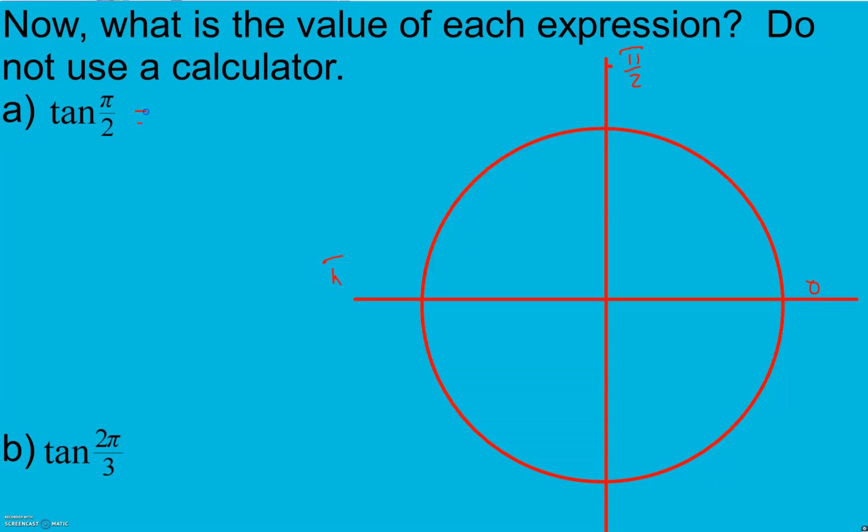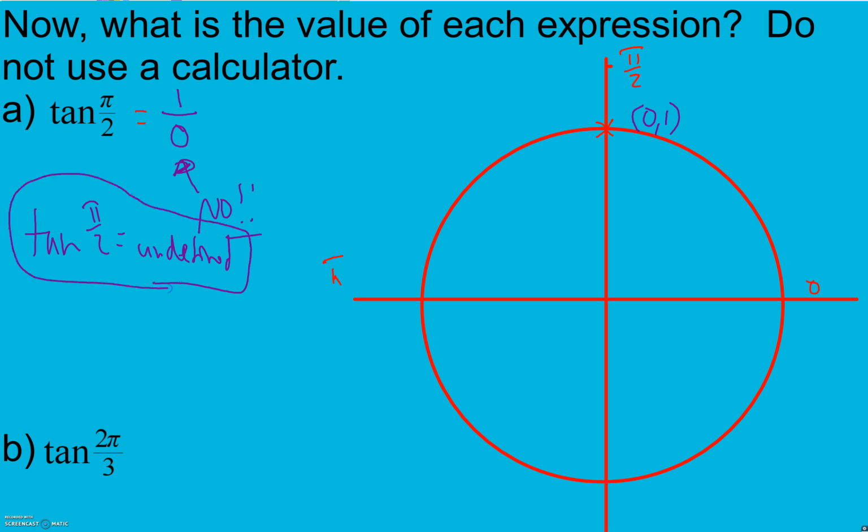Tangent here, this point. And the coordinates of that point are going to be 0, 1. Remember, we have y over x. Can we divide by 0? No, we can't. So, tangent of pi over 2 is going to be undefined. There's no value there. Can't do it, no solution, undefined.